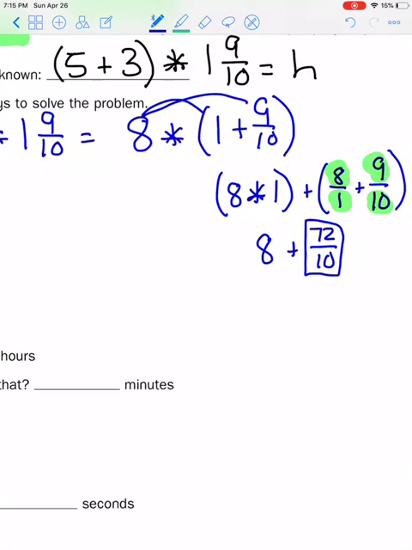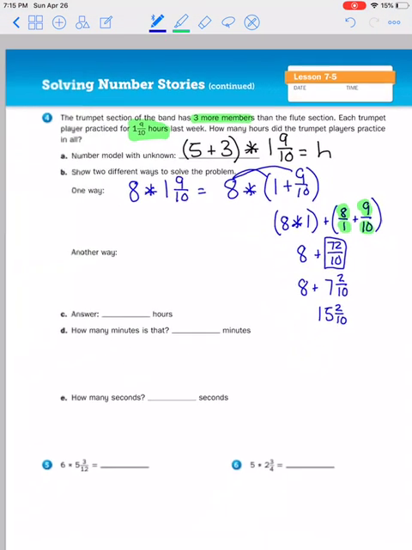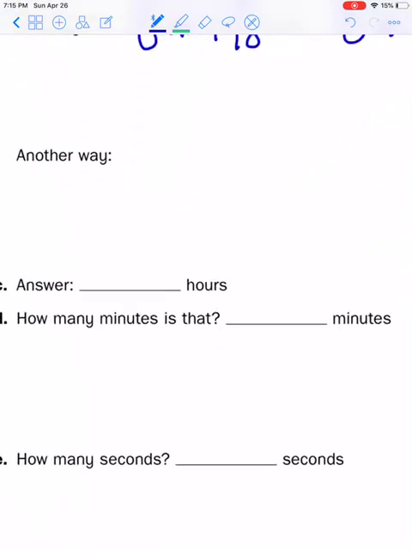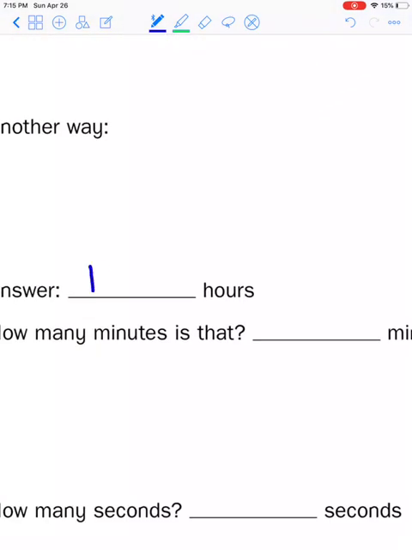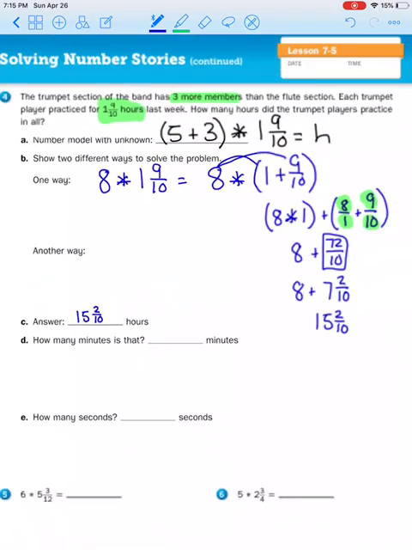Well, I know 70 is close to 72. So I could take out 7 wholes, and I'm left with 2 tenths. And if I do 8 plus 7, I get 15 and 2 tenths. Okay, so I'm going to actually put that as my answer. 15 and 2 tenths hours.